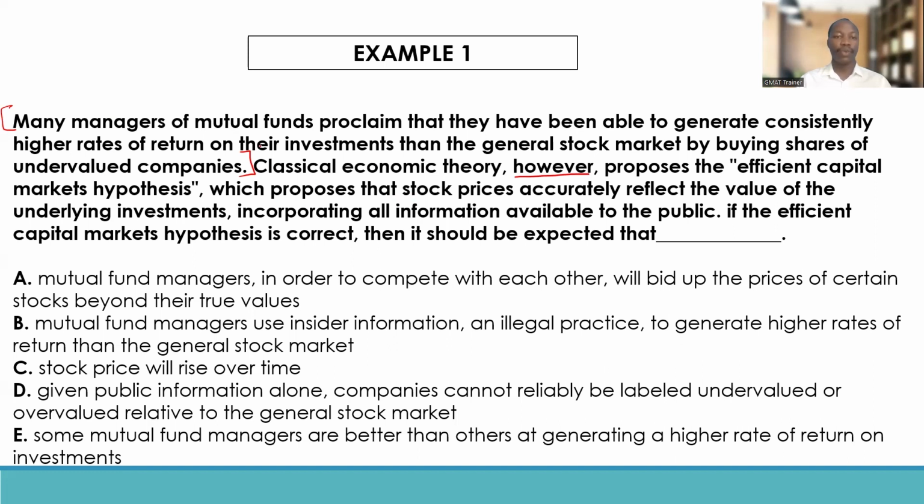This is in contrast to the first sentence, because the idea being presented in the first sentence is that mutual fund managers tend to invest thinking that the company they're investing in is an undervalued company, right? So how do you know that a company is undervalued?